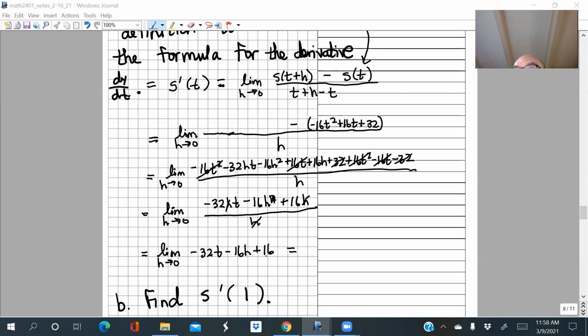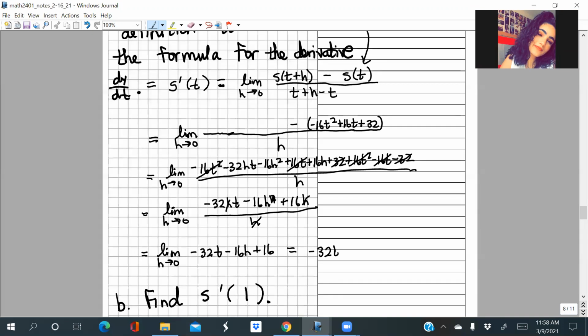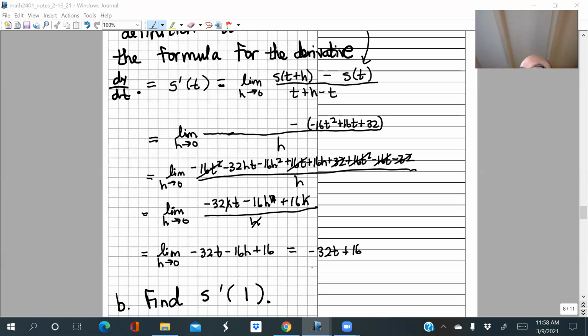You're left with negative 32t plus 16. Yeah, Donna, what's left there? You're just left with negative 32t plus 16. Yeah, you're just left with minus 32t plus 16, right? Okay, so because this term is going to disappear when h gets really, really small. So this is all that's left. That's it.